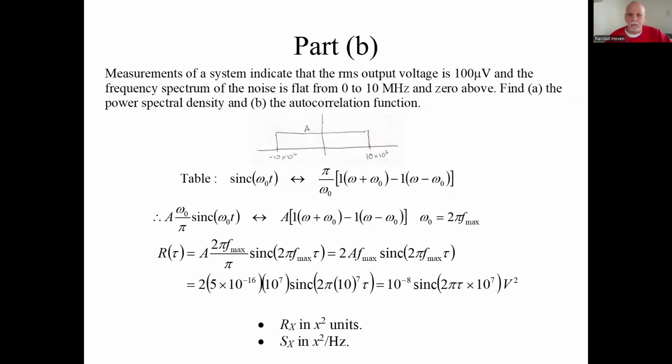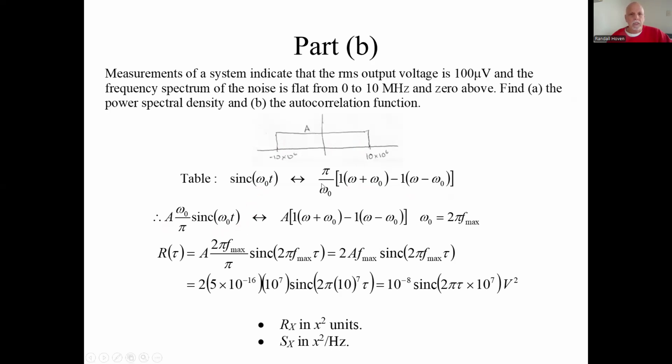It's a pulse in the frequency domain, which looks like this when you use unit steps: a unit step from minus omega 0 to plus omega 0. And in the Fourier table, these omegas are in radians per second, so we're going to have to do that conversion. But anyway, a pulse in the frequency domain translates to a sinc in the time domain.